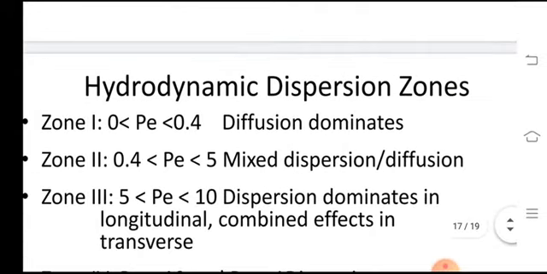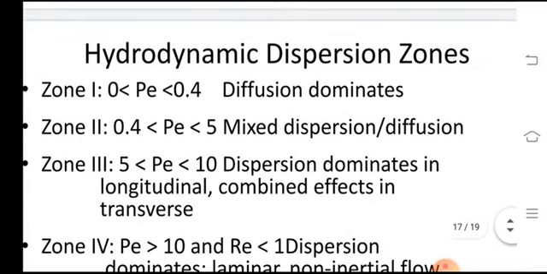And then there are some ranges. For zone 1, 2, 3, if Pe is higher than 0 and less than 0.4, diffusion dominates, and if it is higher than 0.4 and less than 5, then mixed dispersion and over-diffusion is possible.